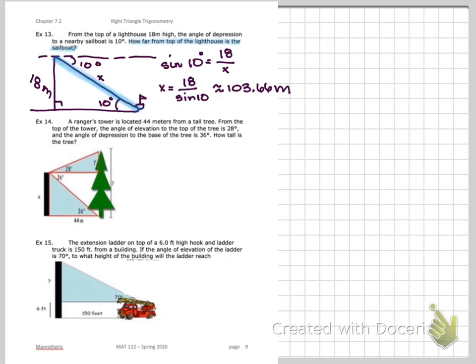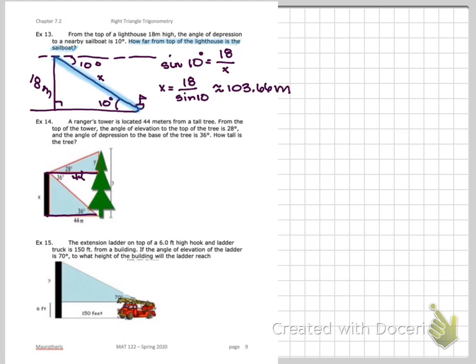Okay, example 14. We are taking a look from the top of a ranger's tower. It's 44 meters away from a tall tree. If this distance right here is 44, then this distance right here is 44. Again, we're assuming that tree is straight up and down.